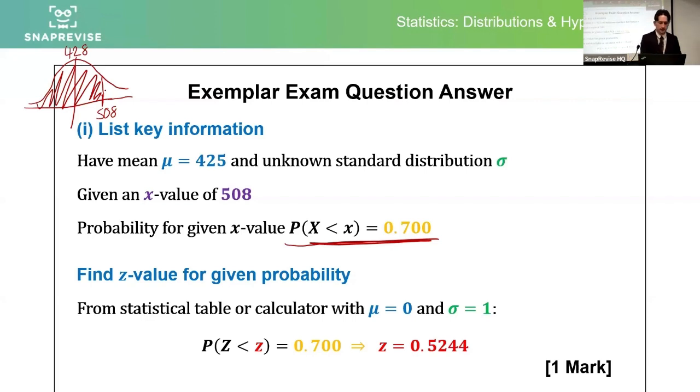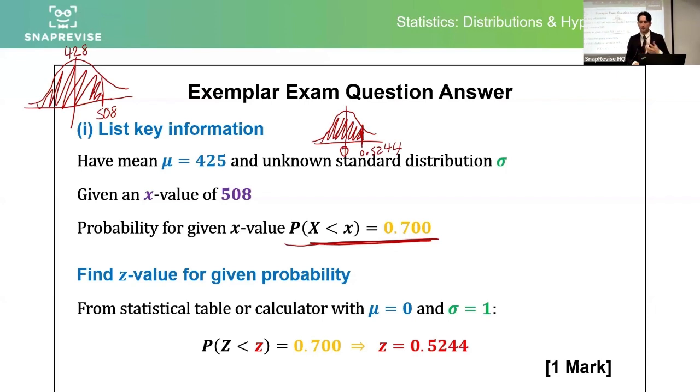If I compared these, almost like similar shapes, that's at 0, that's 0.5244. That's basically the same position as 508 is in the context we have. So there's a link there between those values. So 0.5244 relates to 508.